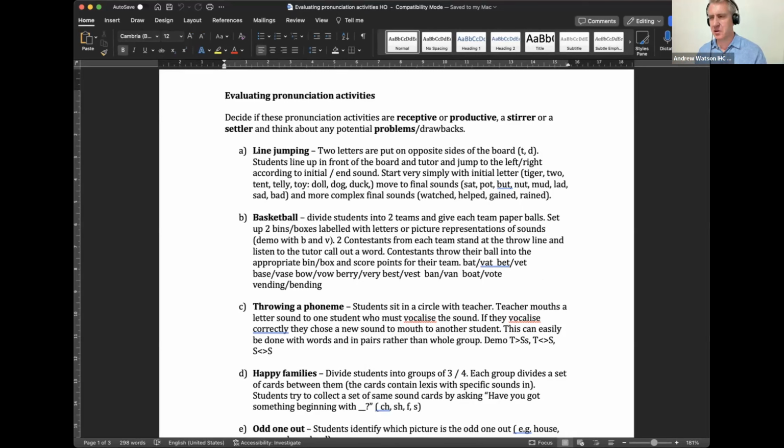What's the difference between a stirrer and a settler? Can you remember? What does a stirring activity make students do? Does it make them want to stand up and move around, or does it make them want to sit down? What do you think?